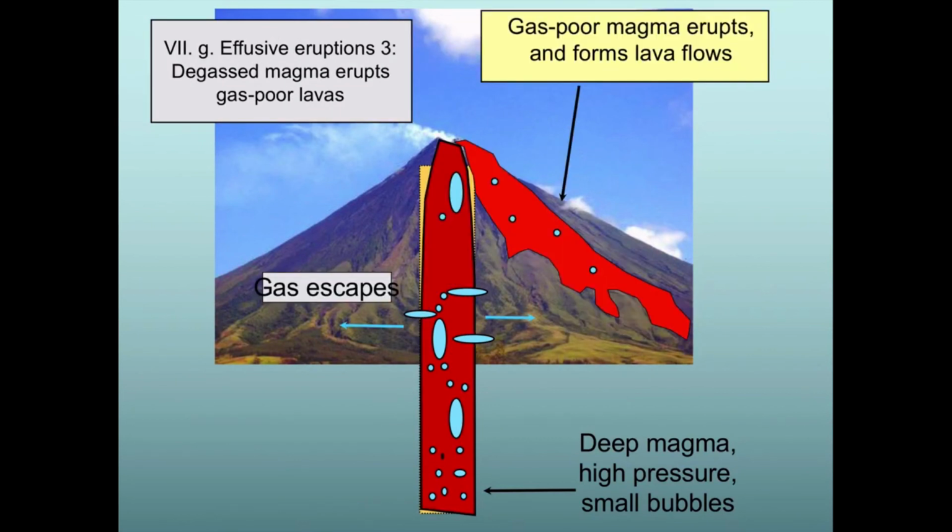The result is you get an effusive eruption of a lava flow. You may have enough gas expanding in your magma to propel the magma gently out of the volcano, but there's not enough to create that violent fragmentation process, so the result is a lava flow.